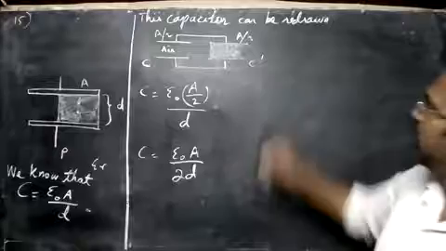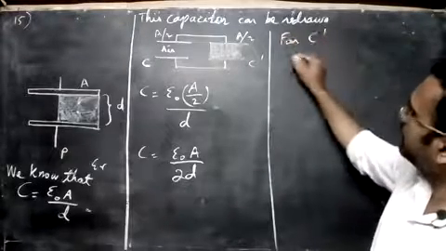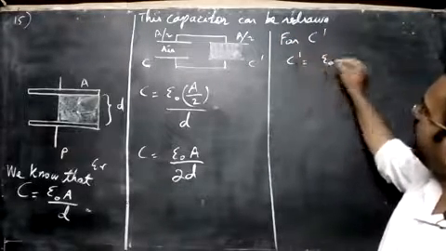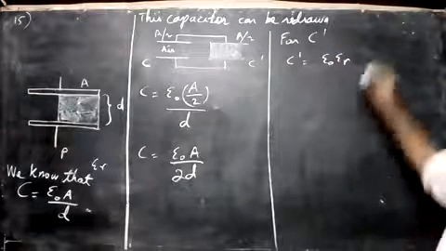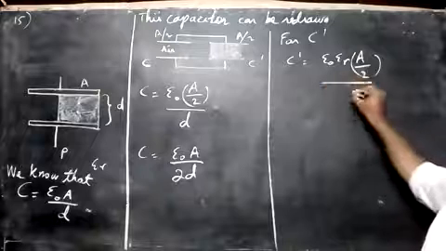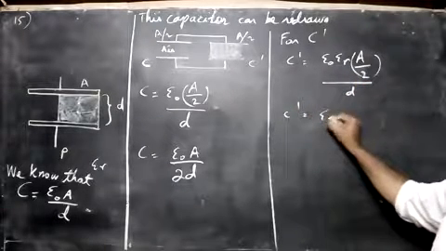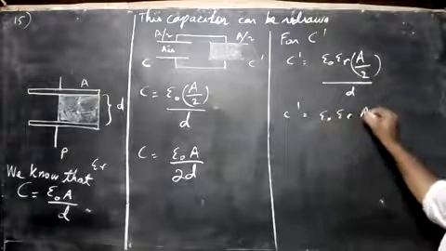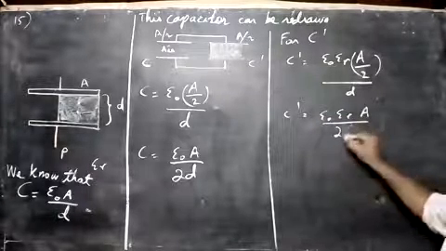Then for C dash, we have C dash equal to epsilon naught into epsilon R into A by 2, divided by D. Bring this 2 down, so C dash is equal to epsilon naught epsilon R A by 2D.